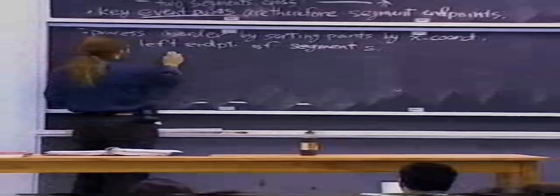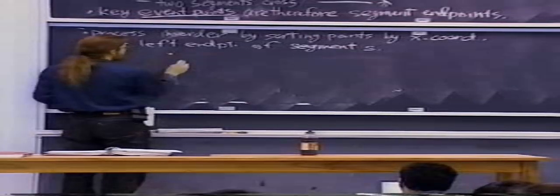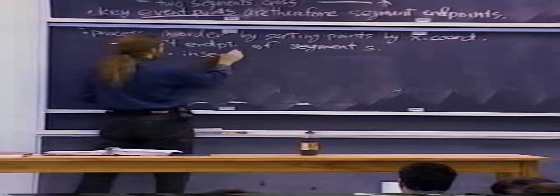So the first thing I should do is, if I'm reaching a left endpoint, that's a new segment that's being crossed. Here, D got added to this list from C to DC. So I'll just insert S into capital S, the set of segments that are currently intersected. And I want to check for some intersections.